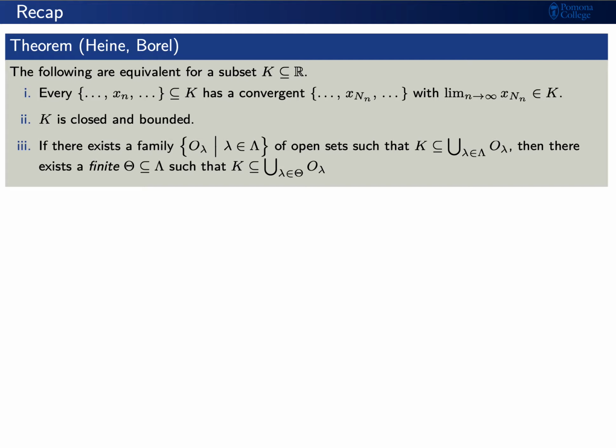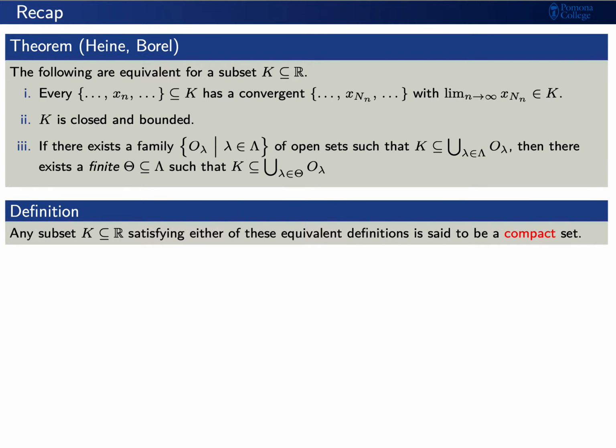And third, if there exists a family of open sets O sub lambda such that K is contained in this union, then there exists a finite set, capital Theta, inside of the indexing set, capital Lambda, such that K is contained in the union over the O sub lambdas, where lambda comes from this finite indexing set, capital Theta. That is, every open cover of K has a finite subcover. Any subset K satisfying either of these equivalent definitions is said to be a compact set.